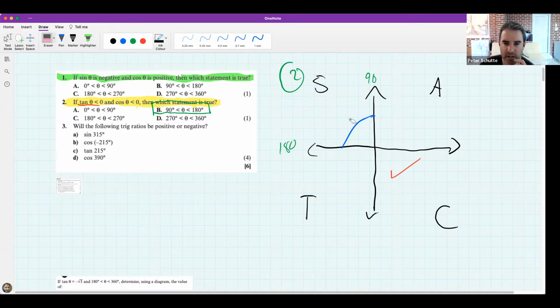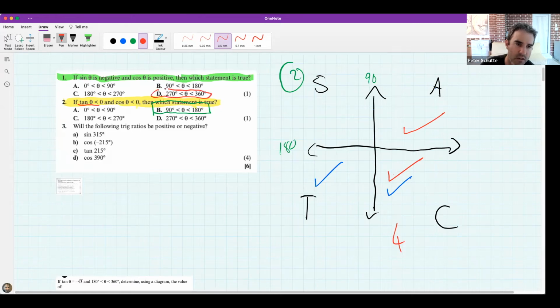I'm going to use the same method as last time. When is sine negative? Sine is negative here and here, because sine is positive in quadrants 1 and 2. Now I want sine to be negative, but I want cos to be positive. Cos is positive here and here. So the answer must be quadrant 4, which is between 270 and 360. So the answer is D. And when I look at the chat, I am seeing quite a few Ds, which is good news for us.